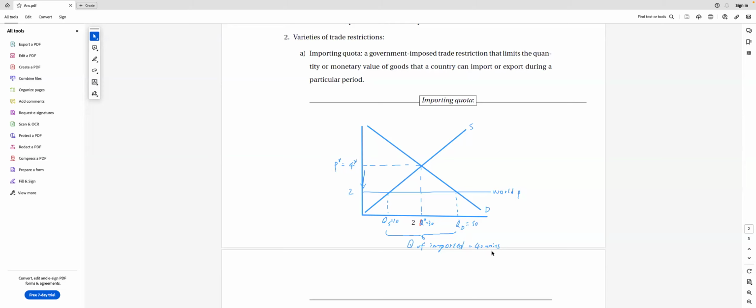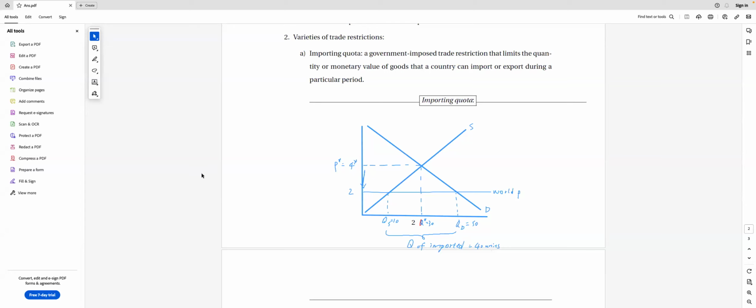But as the US government, if you think 40 units is too much and you want to reduce the quantity, then you can directly set something called a quota. You can set an upper limitation.